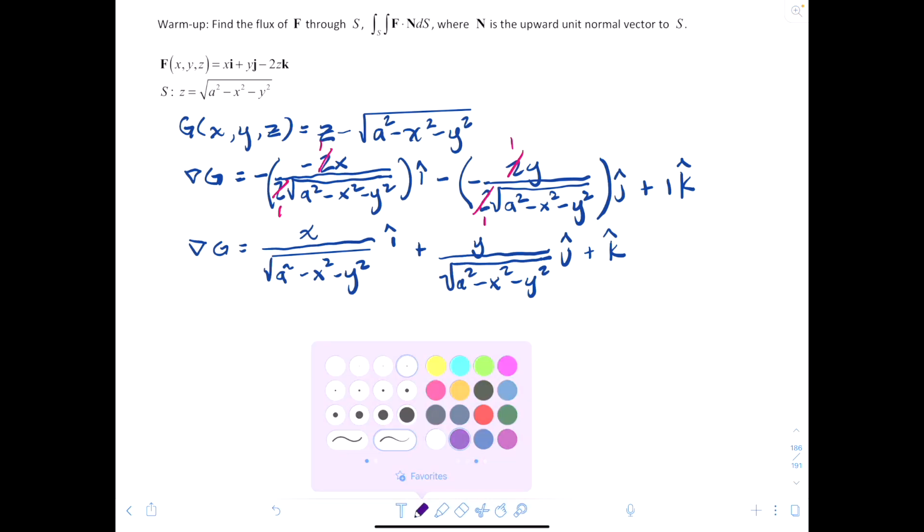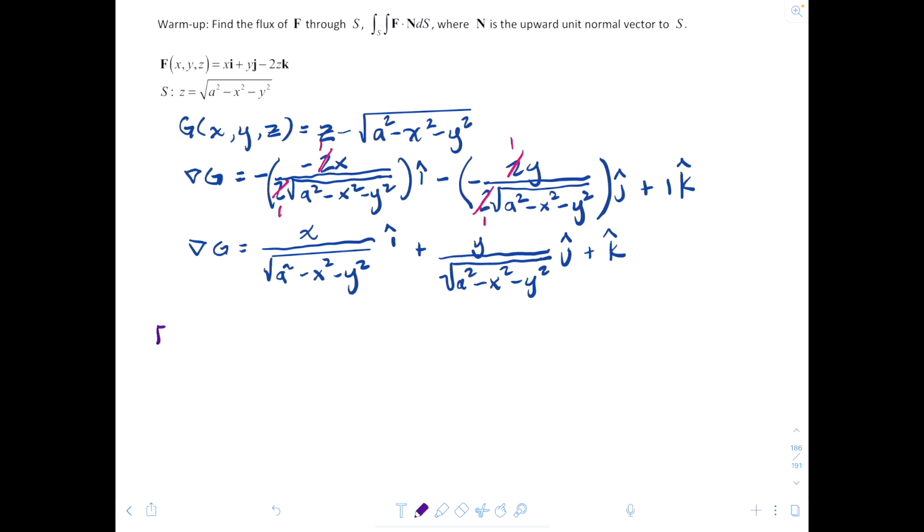Okay, so now what do we need to do? We need to find that dot product between F, that vector field F, and the gradient of g. Cool? So we will have, remember the dot product, so we're going to be doing x times x over the square root of a squared minus x squared minus y squared because we're using the coefficients here for our vector field.